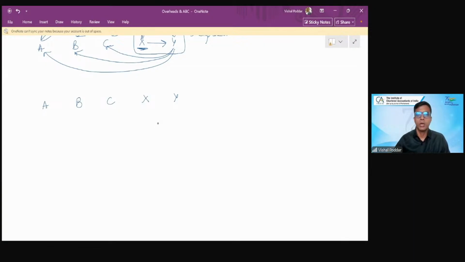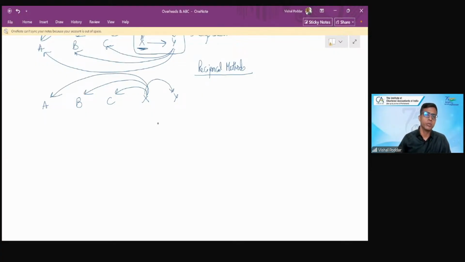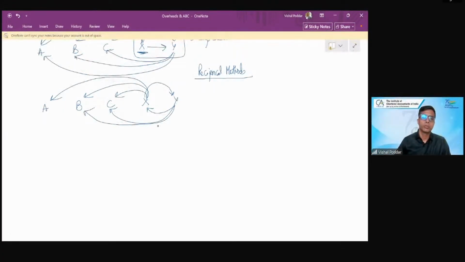That is what is called the reciprocal methods. Why methods? Because there are three methods in this. Now, what is reciprocal? First, understand it pictorially. It is where the service department is giving to another, and that another is also giving back to the first. So pictorially, you can identify the difference.